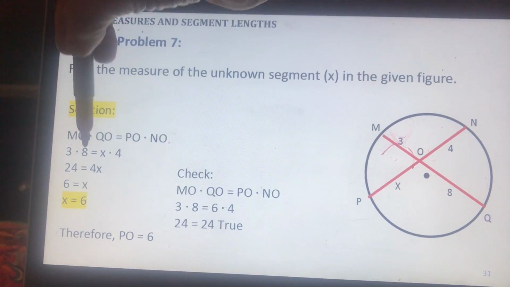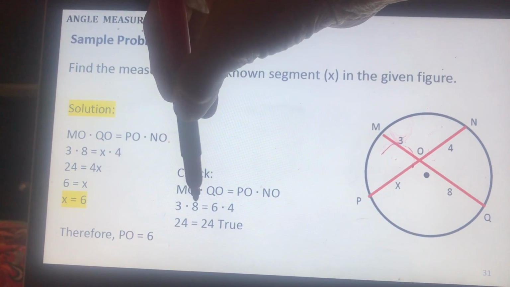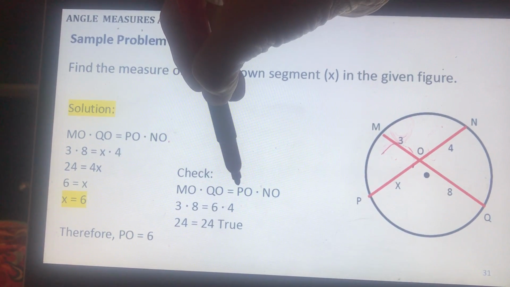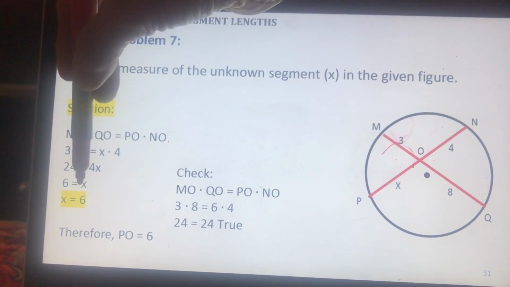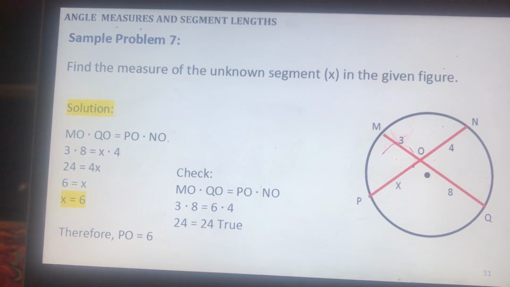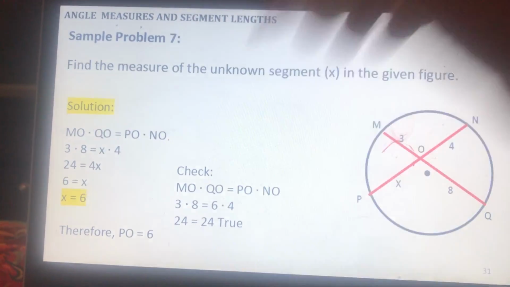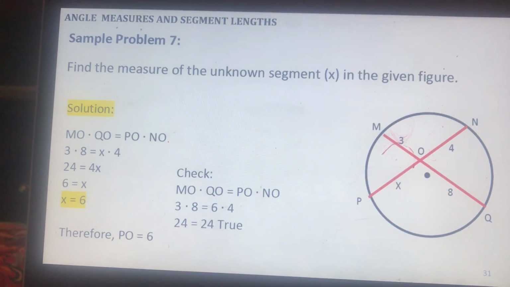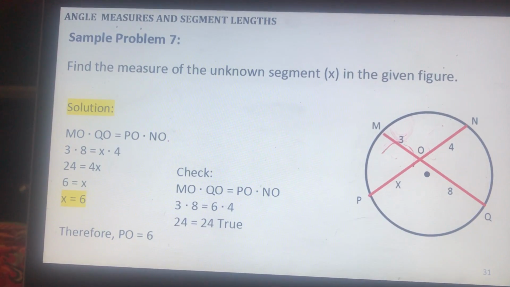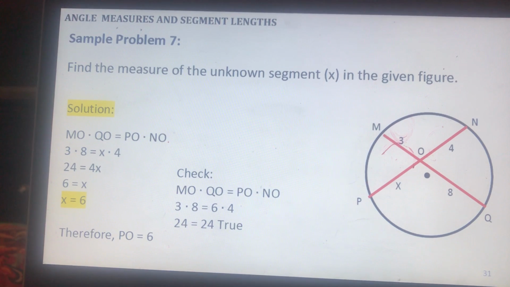So 3 times 8, which is 24, is going to be equal to PO, which is our new value for x, 6, times 4. 24 equals 24, and that is a true statement. So therefore, we just completed our chord rule.